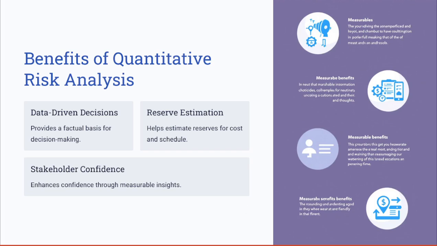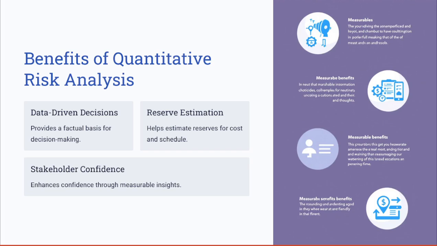Now the key benefits of conducting quantitative risk analysis. It offers a significant benefit for project planning by providing a data-driven basis for decision making. It reduces subjectivity and enhances accuracy.